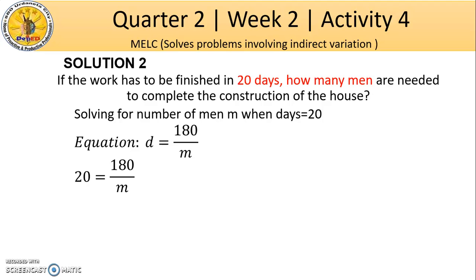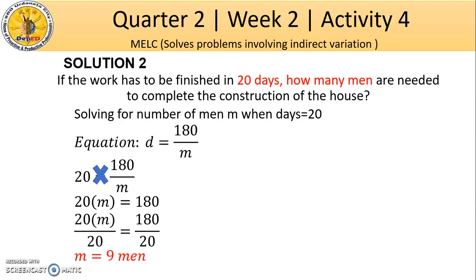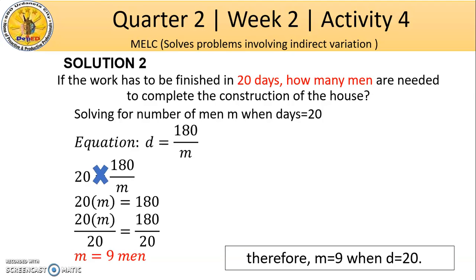D will become 20. And then we cross multiply. So it will become 20 times M equals 180. Then we divide both sides by 20. So 180 divided by 20 is equal to 9. So we need 9 men to finish the job in 20 days.